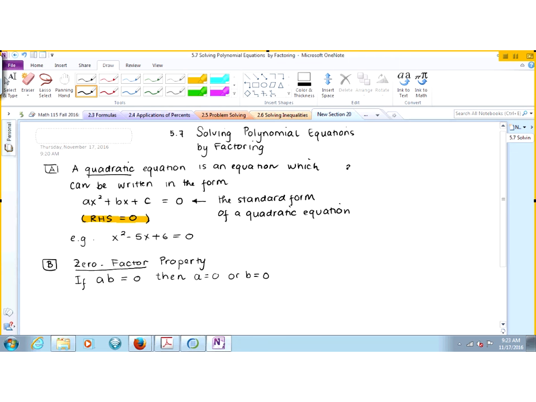So for example, let's just solve by factoring. The first one is x squared minus 5x plus 6 equal to 0.